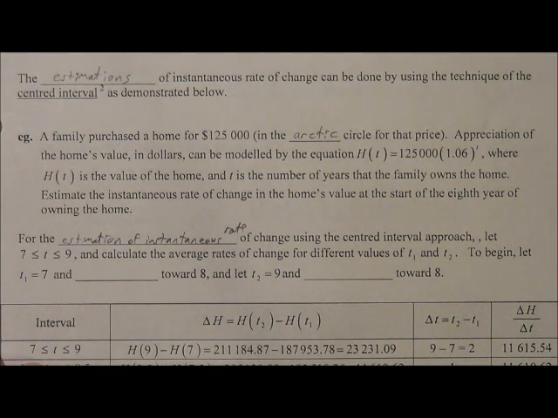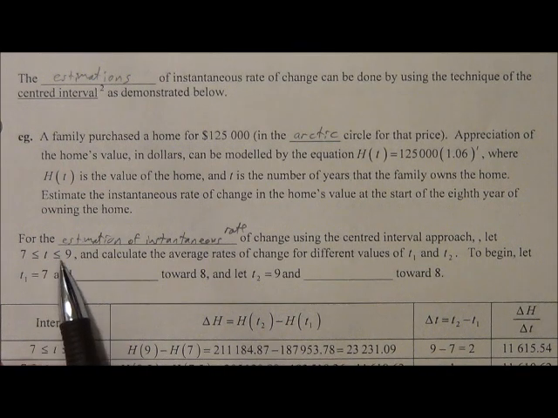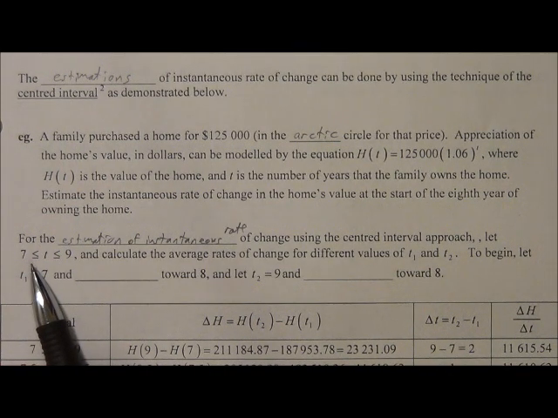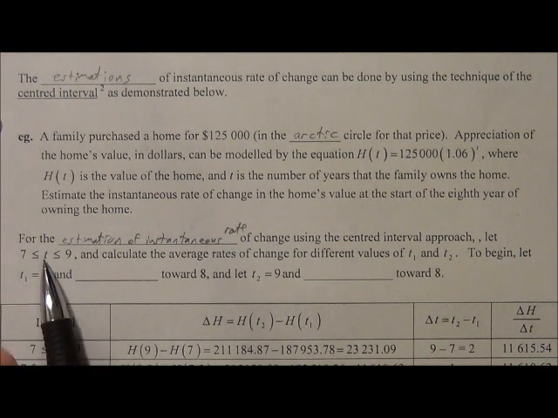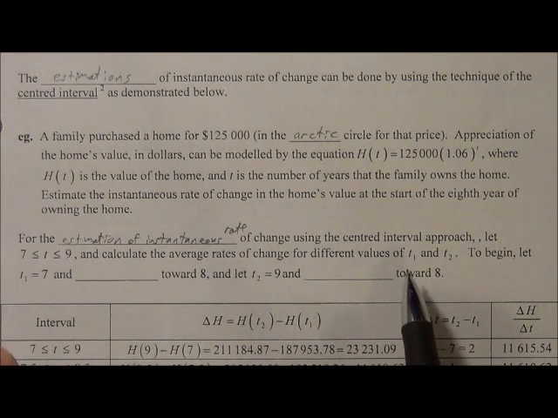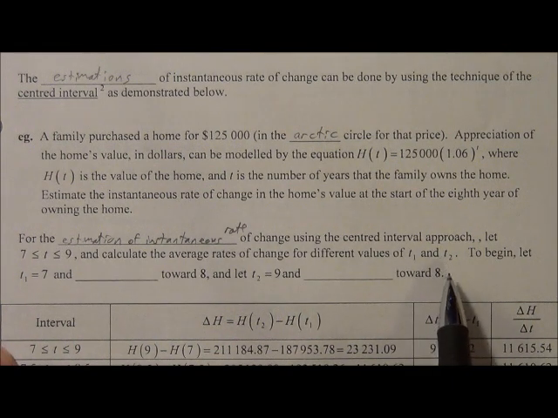What we want to do is go the same length of time on either side of the 8-year mark. So we want t between 7 and 9 years, and then we're going to calculate average rates of change like we've been doing between different values of t1 and t2.